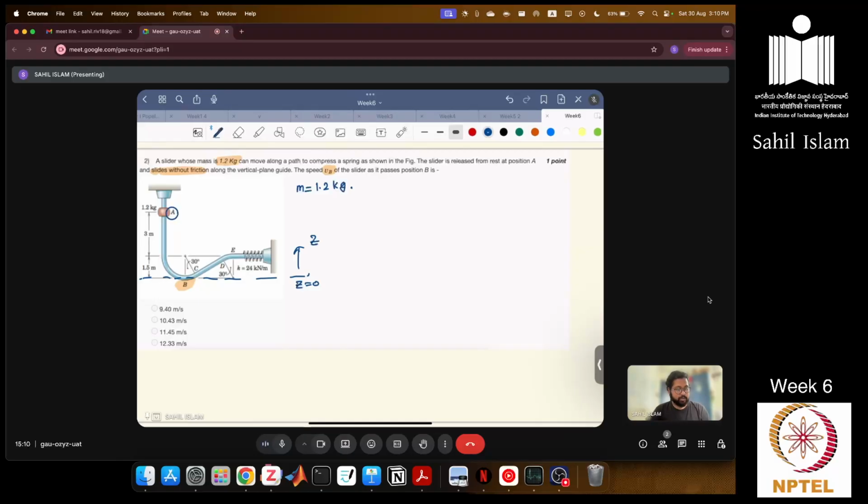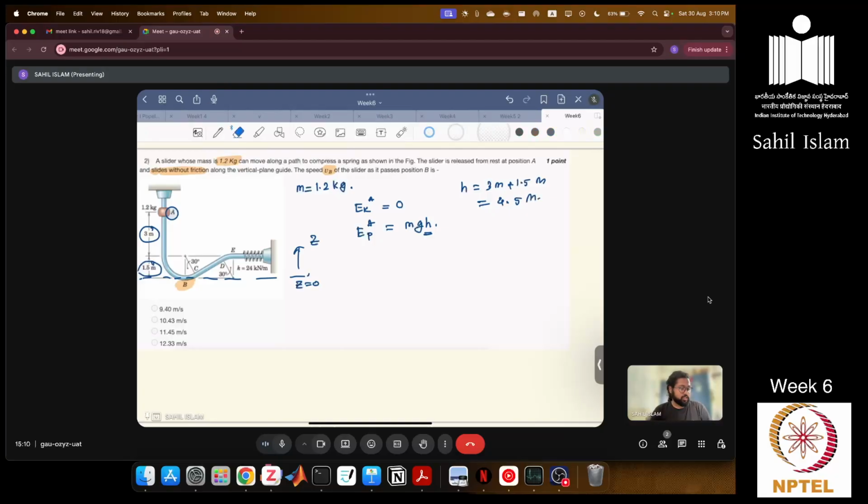So at A, it was at rest, so kinetic energy EK at A is 0, and potential energy at A is mgh, right? And what is this h? h is 3 meter plus 1.5 meter, which is 4.5 meter.